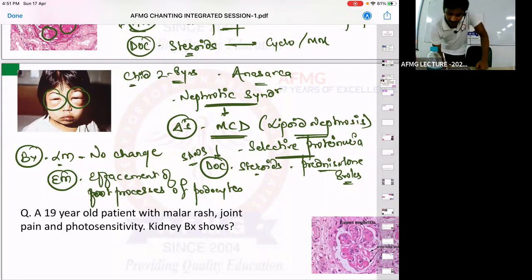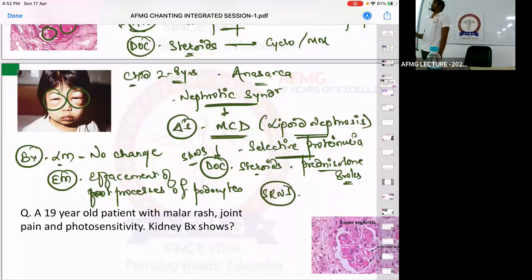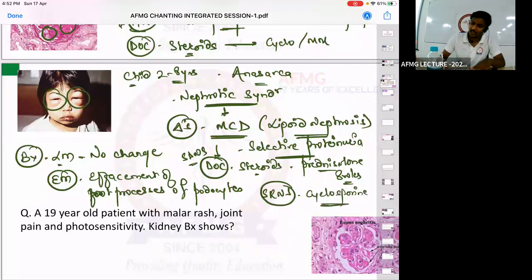And if I talk about steroid resistant nephrotic syndrome, then I will give calcineurin inhibitors. These are cyclosporine, and if that is not an option, tacrolimus.